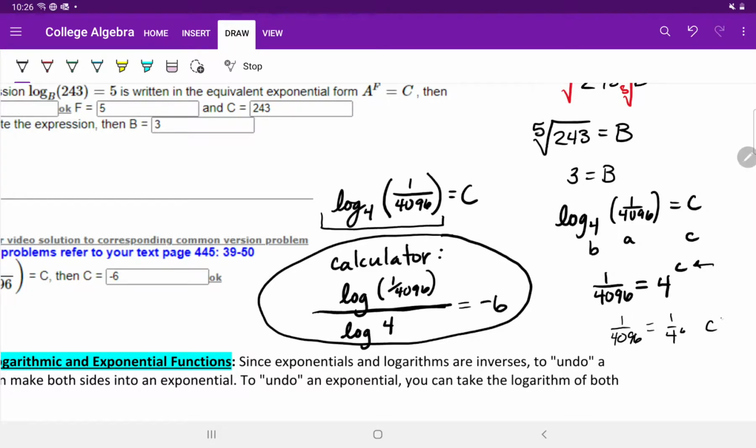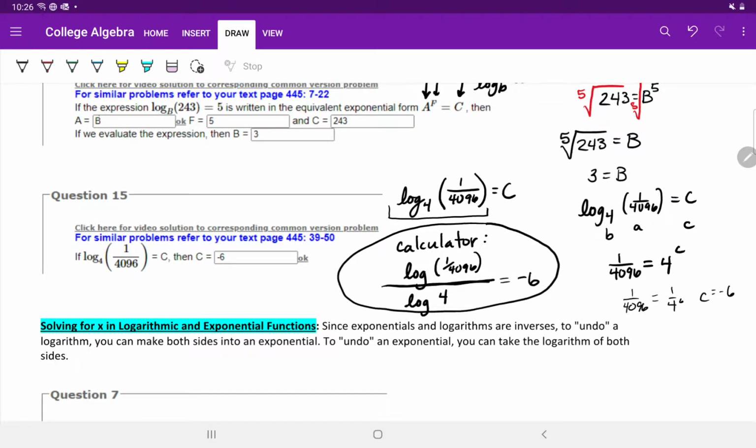So c would have to be -6 in order to make that happen. So you can approach this either in the forward direction or the backward direction, depending on whether you're a fan of using your calculator to solve a problem, or whether you'd rather actually think through the problem and try to use logic to get to your answer. Either way, they are both very valid approaches.